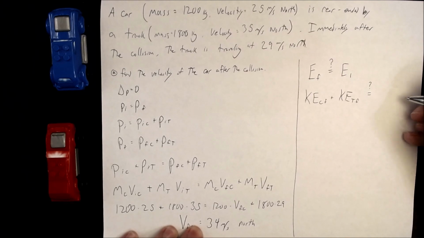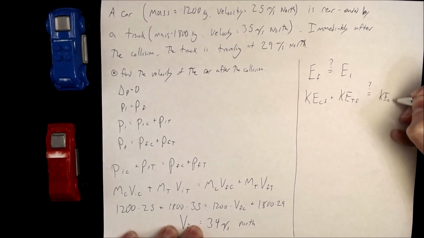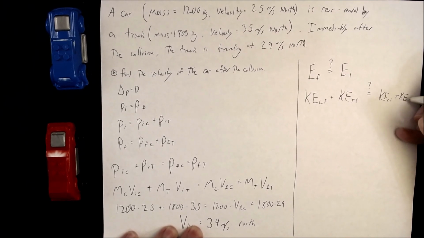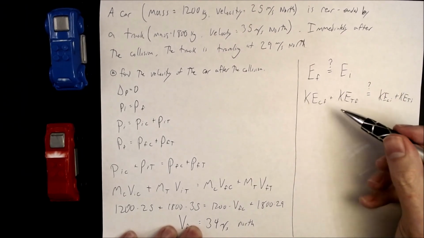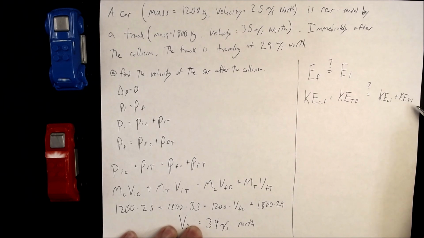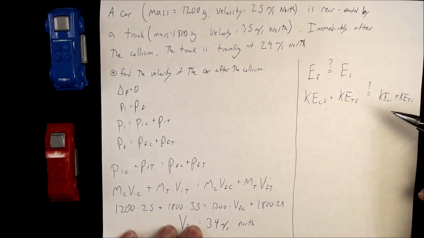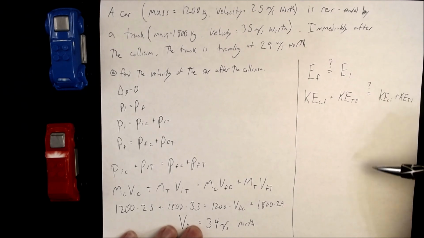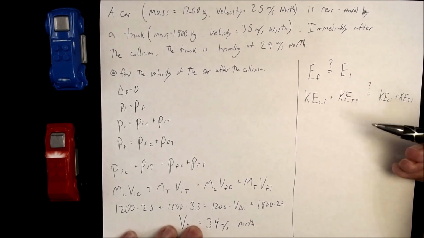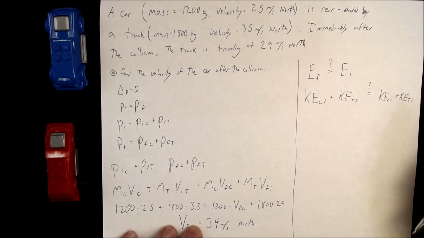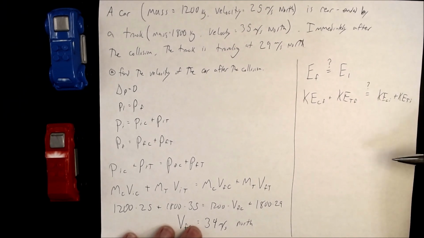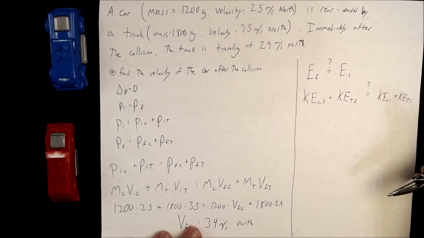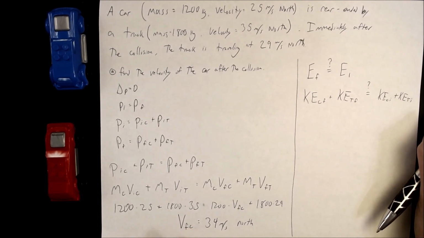Does that equal kinetic energy of the car initial plus kinetic energy of the truck initial? Well, we can plug in all the equations for this, plug in all the numbers for this, and you will see that they are not equal. So that's another good exercise for you to get a little bit more practice in looking back at energy in particular. But calculate, confirm that energy is not conserved in this problem.